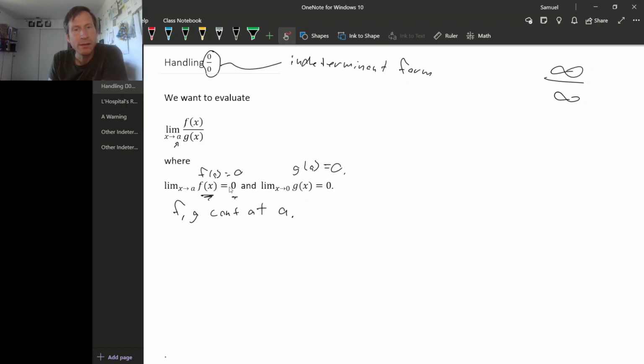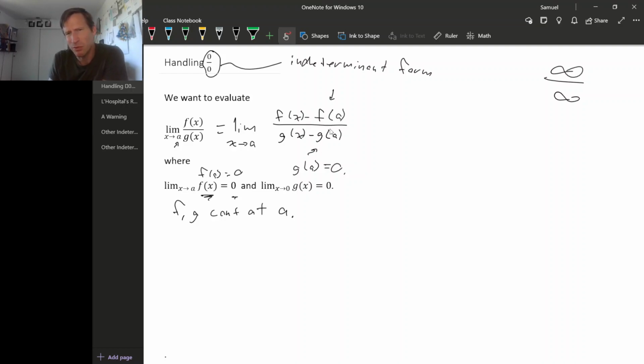All right, well, the reason that we can use this to unsimplify this limit expression is because it lets us write f of x minus f of a over g of x minus g of a. Right, f of a is really 0 and g of a is really 0, so having these extra pieces here doesn't hurt, because after all they're just 0.